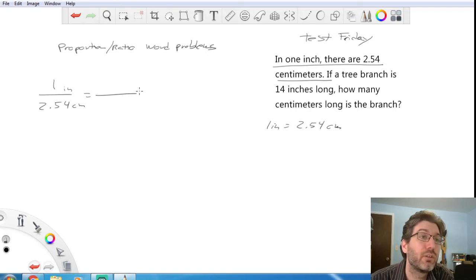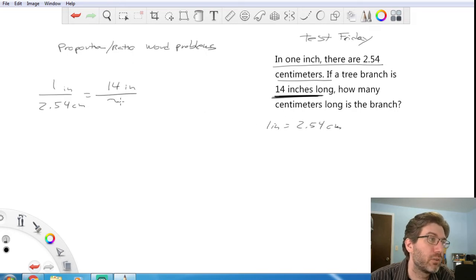So we're going to continue reading. If a branch is 14 inches long, 14 inches, so again, think, is that inches or centimeters? I hope 14 inches is inches, so 14 goes on top with inches. You want to know how many centimeters long it is. You want to know this number here. So there's your x. And then you just solve for it. And when you solve, you can do cross products.